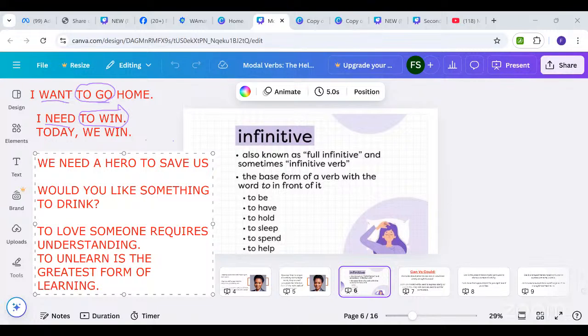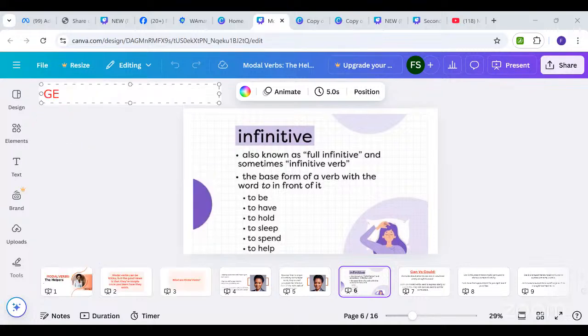So this knowledge of infinitives will guide us when we move forward to learning modal verbs and other types of verbs. But before we move through verbs, let's also talk about gerunds. Gerund is spelled G-E-R-U-N-D.